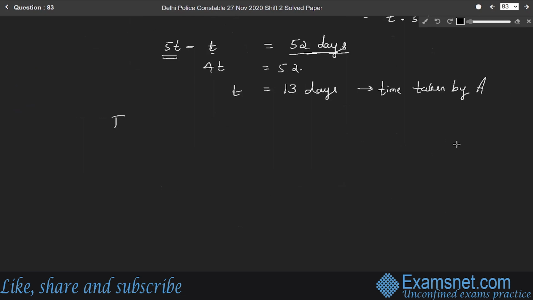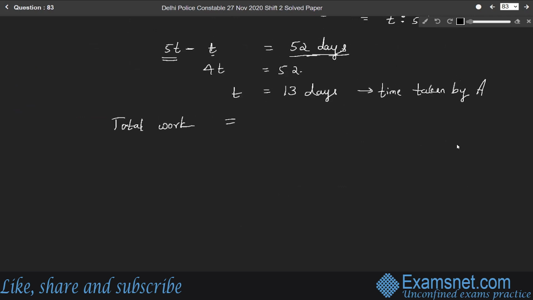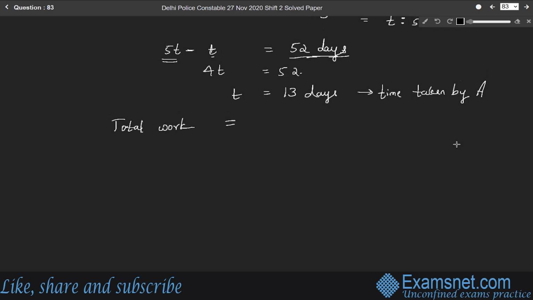Therefore, total work is, so efficiency for A, it is 13 into 5. So number of days taken by A is 13 days, and efficiency of A is 5.